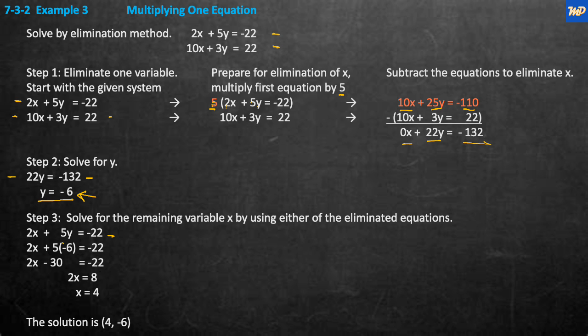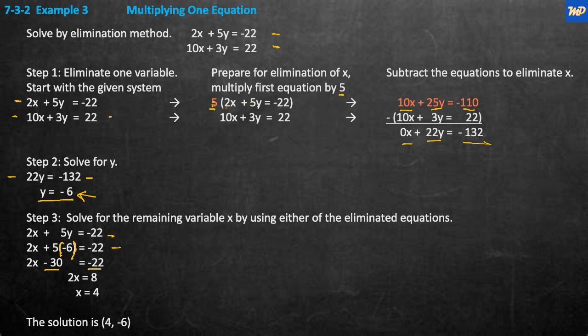So 2x plus 5 times negative 6 is equal to negative 22. 5 times negative 6 is negative 30, so it's 2x minus 30 is equal to negative 22.